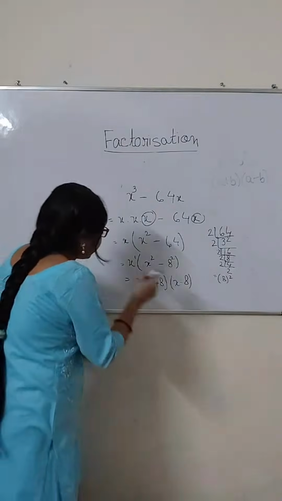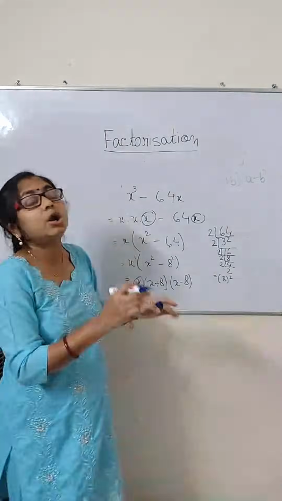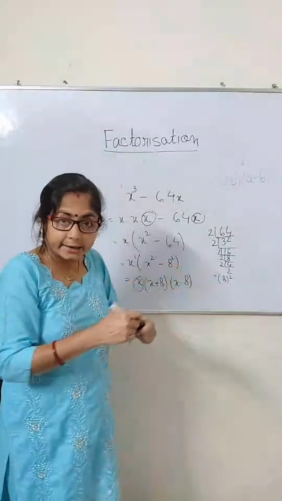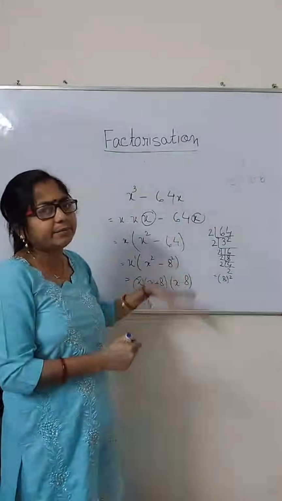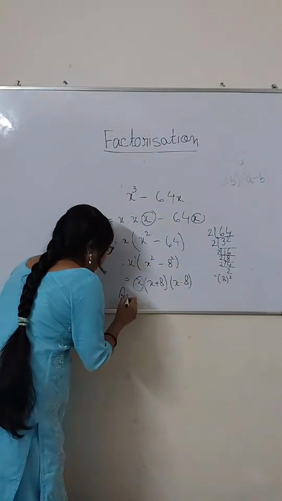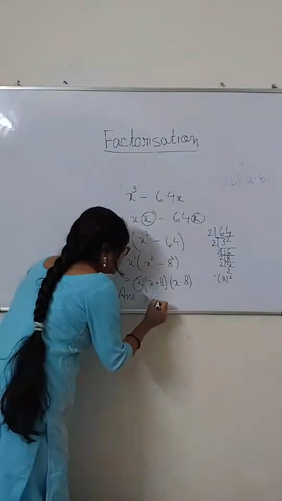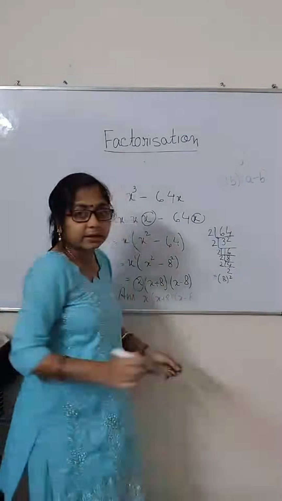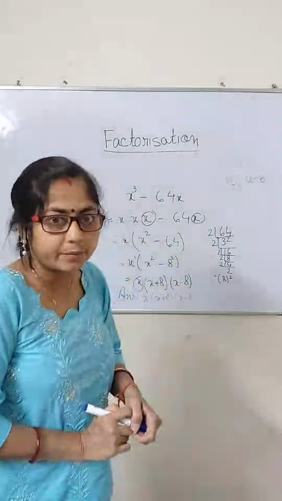Most of the time they mix that x. Not do this one. Please carry the x to the end of the line. And after that line, you please write one answer, and write one more time x into x plus 8 into x minus 8. Clear? Hope it is clear for everybody.